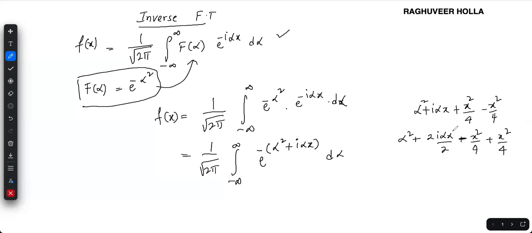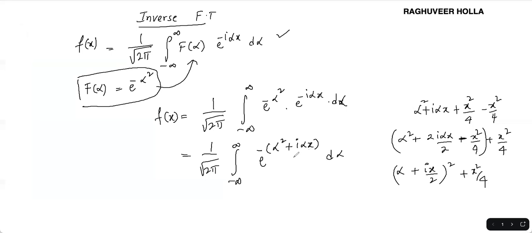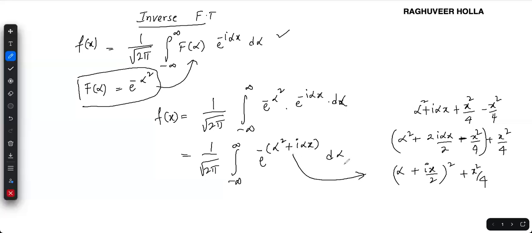I'll just rearrange this. So this whole thing, I can write as alpha plus i x by 2 whole square, plus x square by 4. Okay, so this has transformed into this.